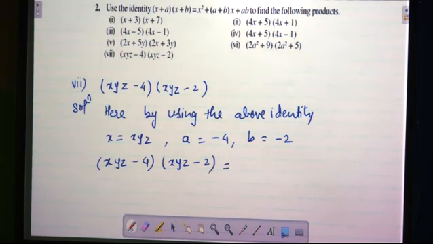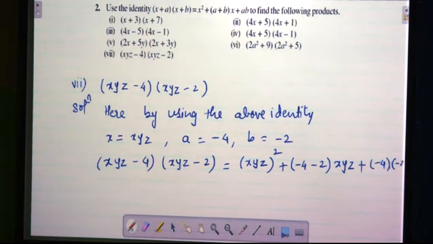This becomes x square, that is (xyz) bracket square, plus (a plus b), the value of a is minus 4, value of b is minus 2, times x, which is xyz. And what about the last term? ab. It is minus 4 into minus 2. Here there is a dot present, a tiny dot I have given here, which means it is multiplication.